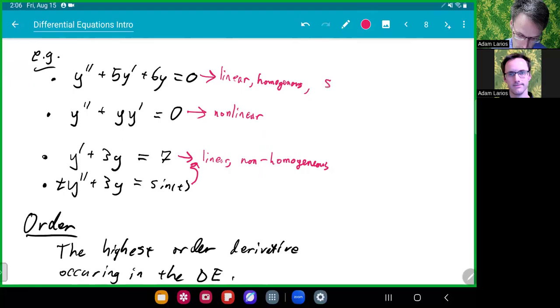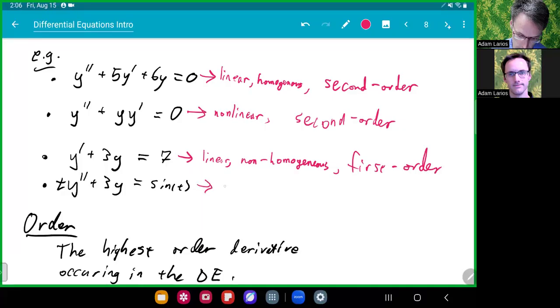So this would be second order. This one, again, second order. And this one is first order. And the second one is second order, so it's linear, non-homogeneous, but second order.